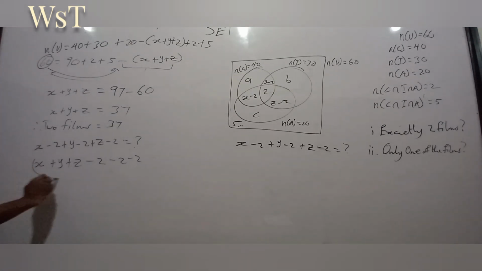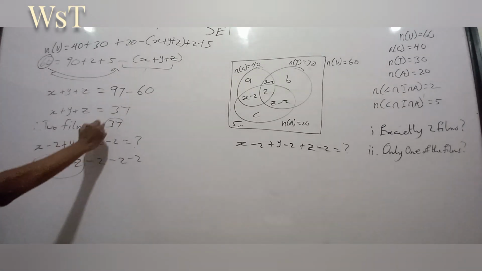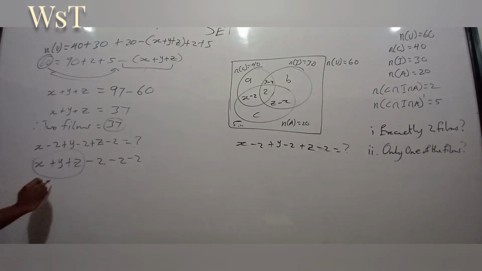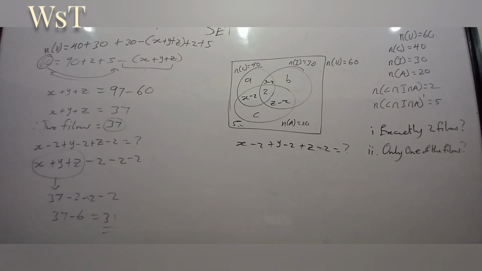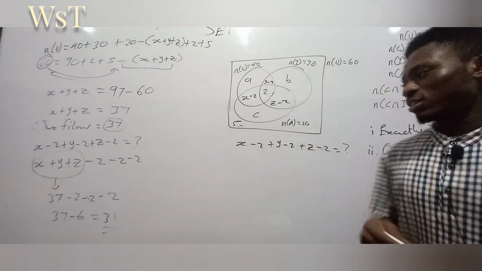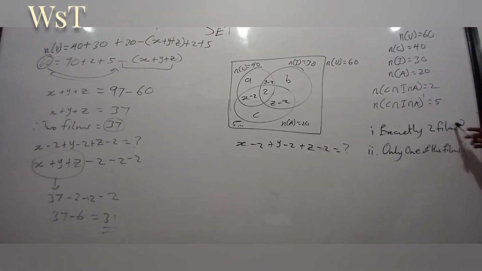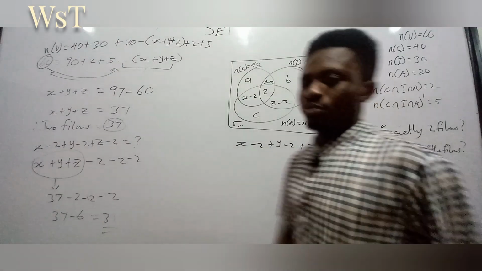So all this is now what? Right, so we can replace it. So 37 minus 6, isn't it? 37 minus 6 is equal to what? So this is only 2, exactly 2. Okay, so the exactly 2 is 31. Do you understand? Good.